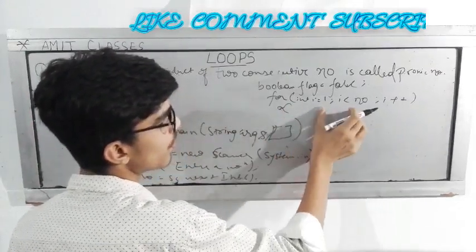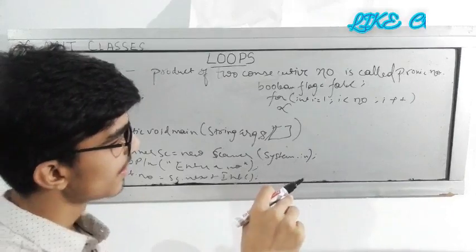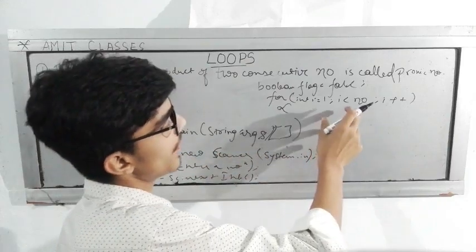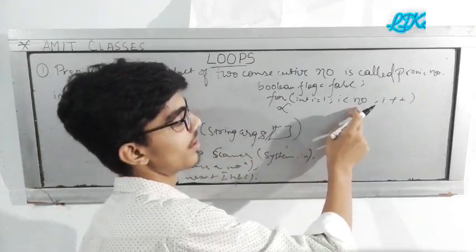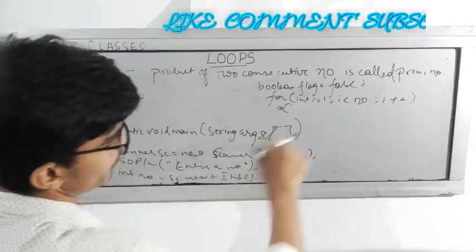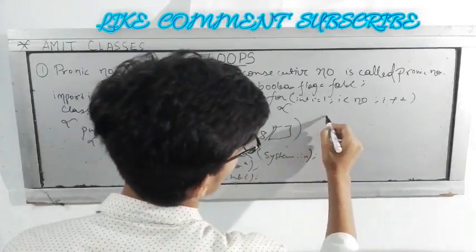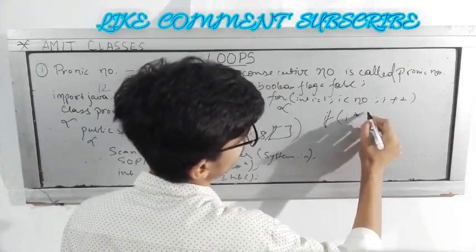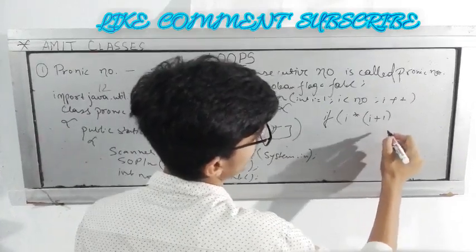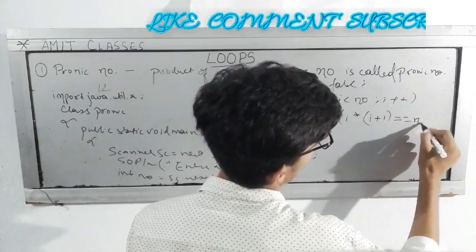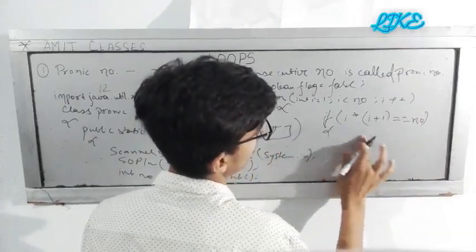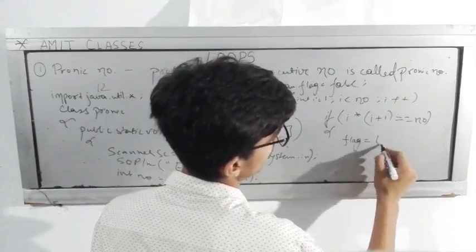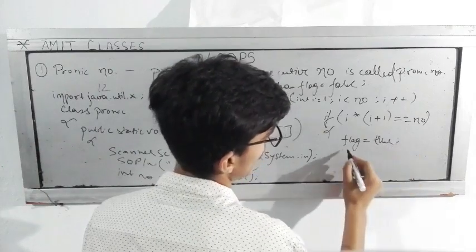Now you have to go till the number and check whether it is a consecutive number or not. It would surely be less than the original number. So now Pronic number means, if i into i plus 1 is equal to no, then flag is equal to true, and break.